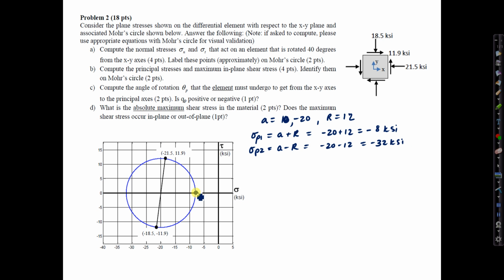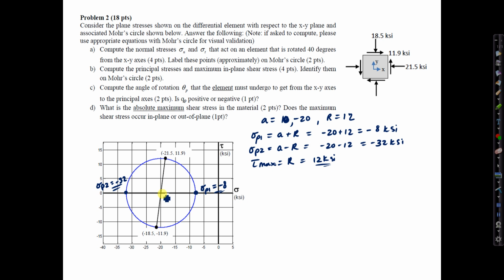I'll locate those on my circle. There's sigma P1 equals negative 8. Sigma P2 equals negative 32. They look right. Tau max is equal to the radius, which is 12 KSI.